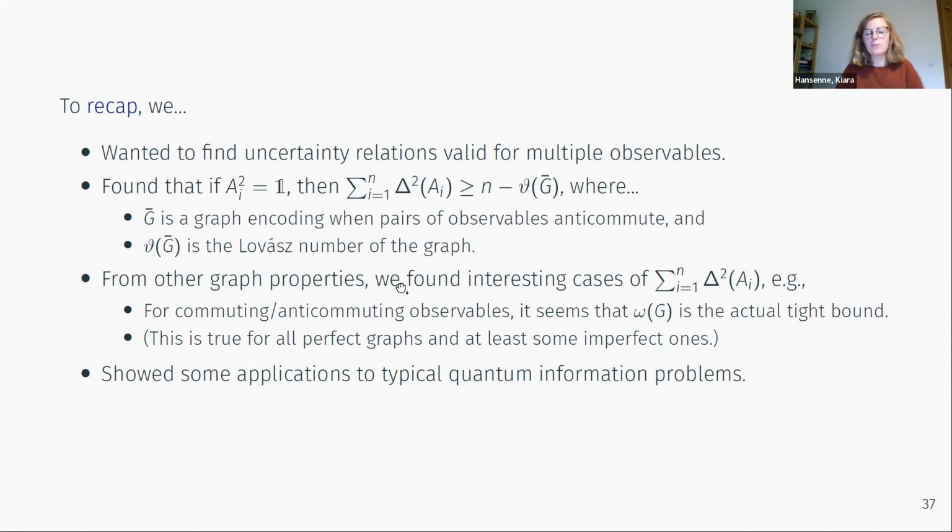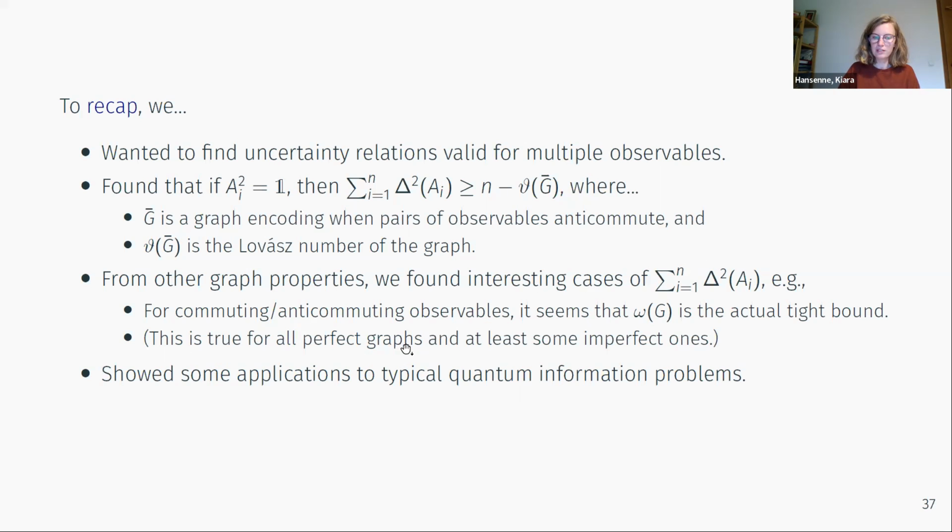Yes, and then we analyzed a few other graph properties, and we found some cases interesting, meaning that if the observables either commute or anti-commute, it seems that the actual tight bound is the clique number and not the lowest number. This is at least true for all perfect graphs.